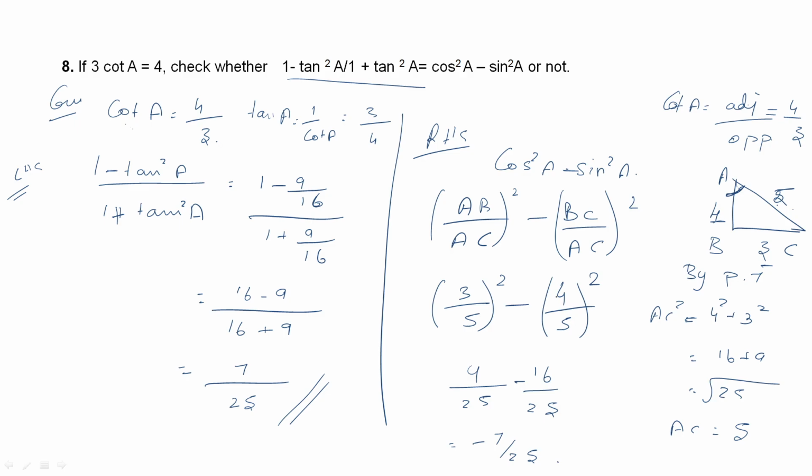Yeah, BC I have substituted wrong. Yes, this is 3 and this is 4. So this will become 16 and this will be 9. So this will be plus 7 by 25. So LHS is equal to RHS.